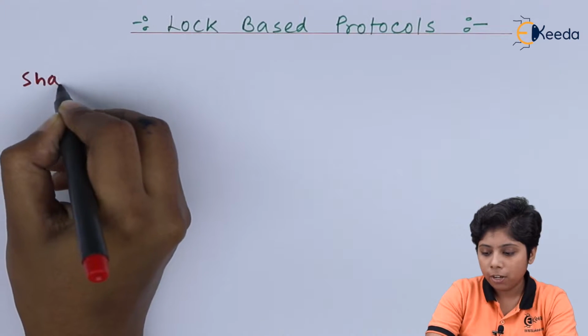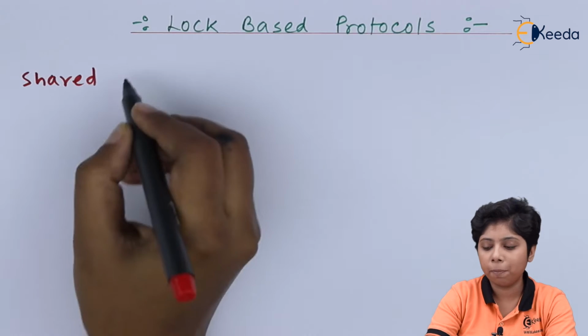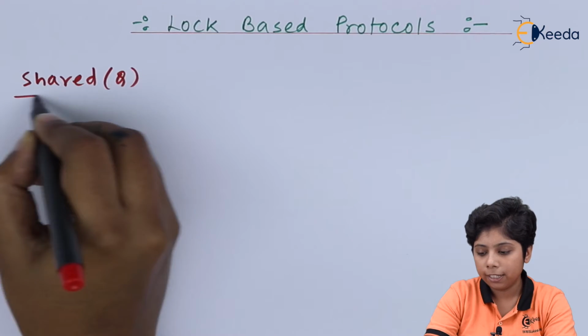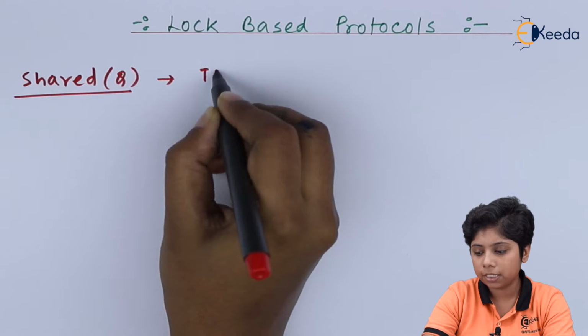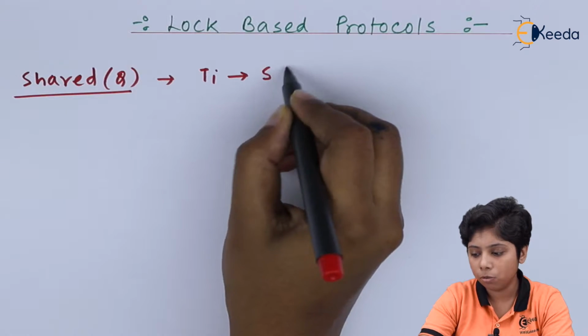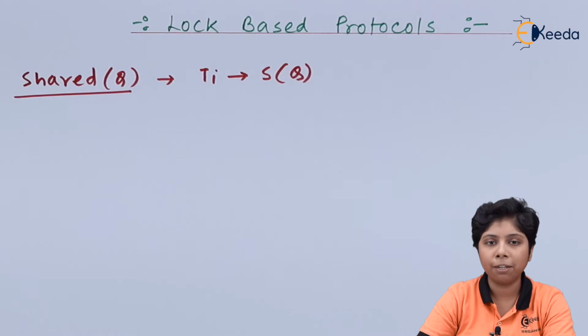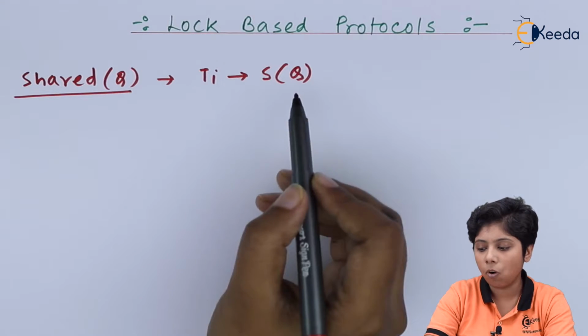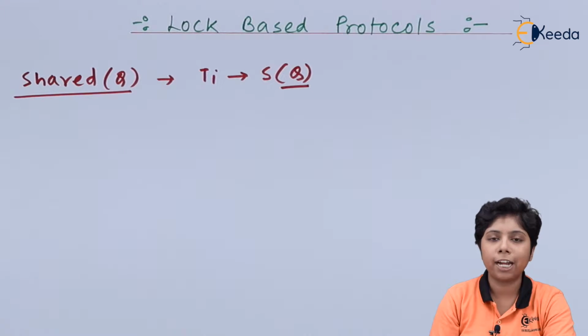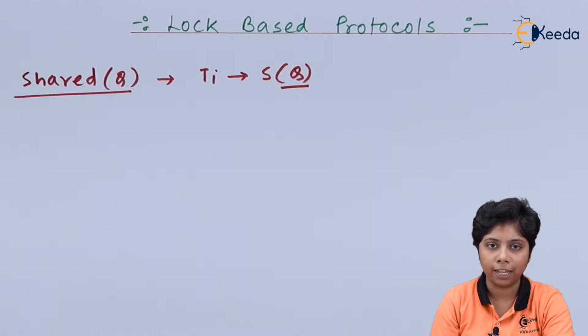When we have a shared lock on a particular data item Q, that means if Ti gets a lock on Q, say S(Q), then Ti can only read Q. The data item can only be read by this transaction Ti.